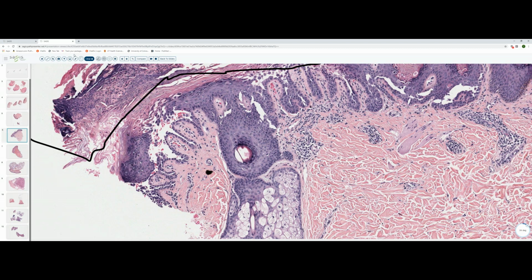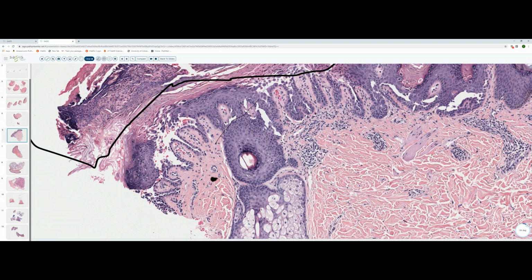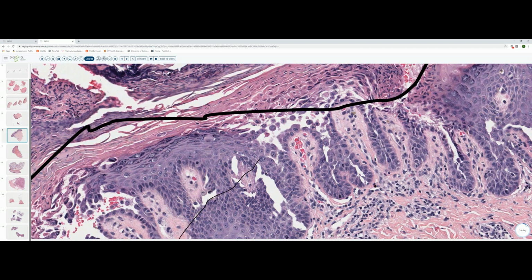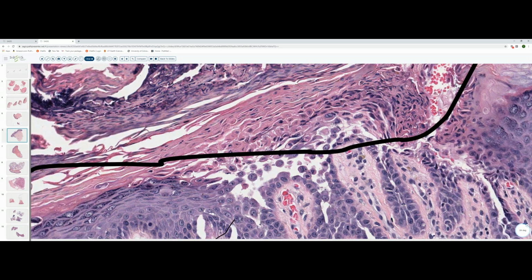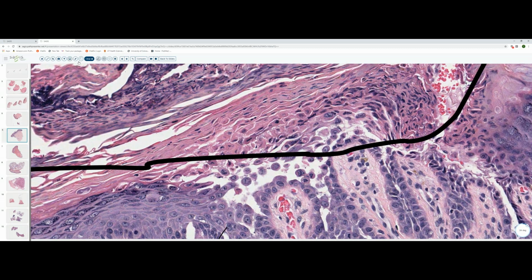So here we have a nice demonstration of suprabasilar acantholysis, a suprabasilar split, with acantholytic cells within the blister cavity. In addition to acantholysis, there is also dyskeratosis.